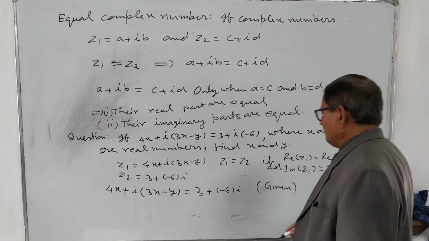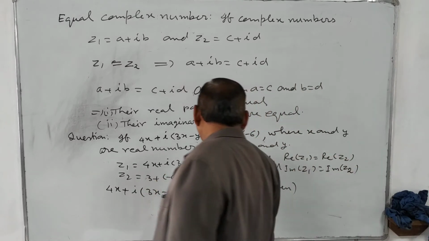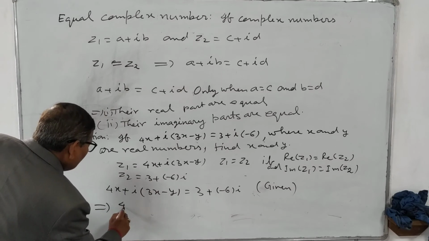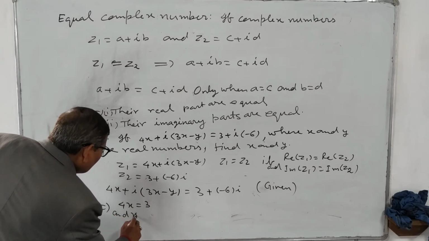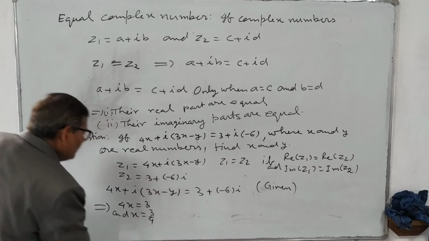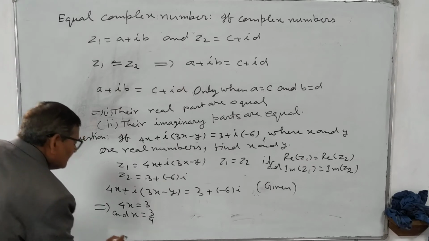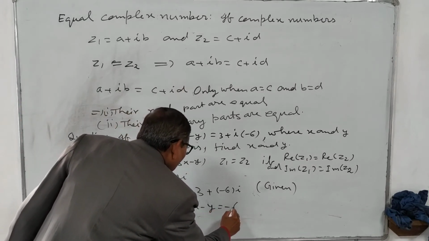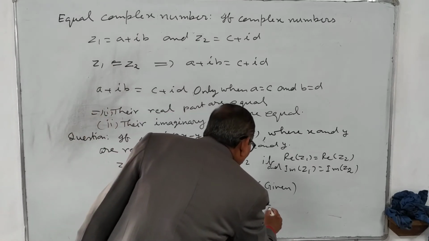So now you see your real part of this complex number is 4x and this complex number is 3. Therefore this implies 4x equal to 3 and x equal to 3 by 4. Next, their imaginary parts, 3x minus y is equal to minus 6 and your x is 3 by 4.